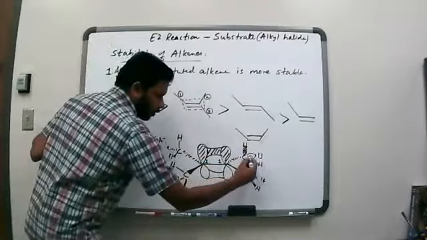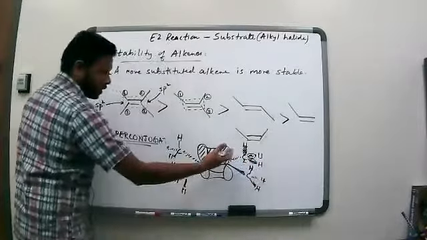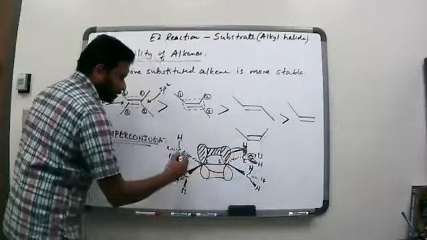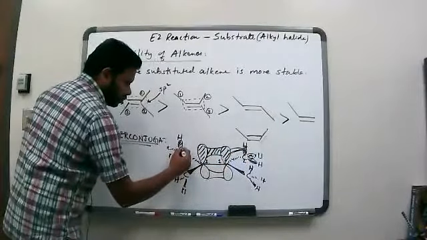In fact, all of these bonds are going to line up with this pi bond. And so what they can do is share electron density with this pi bond.